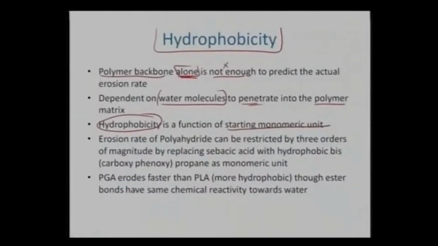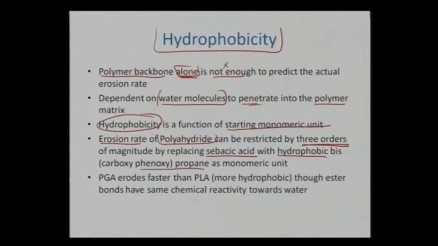the bioerosion. And again, in this case we can see the erosion rate of polyanhydride can be restricted by 3 orders of magnitude as soon as we replace the sebacic acid with the hydrophobic bis carboxyphenoxypropane.